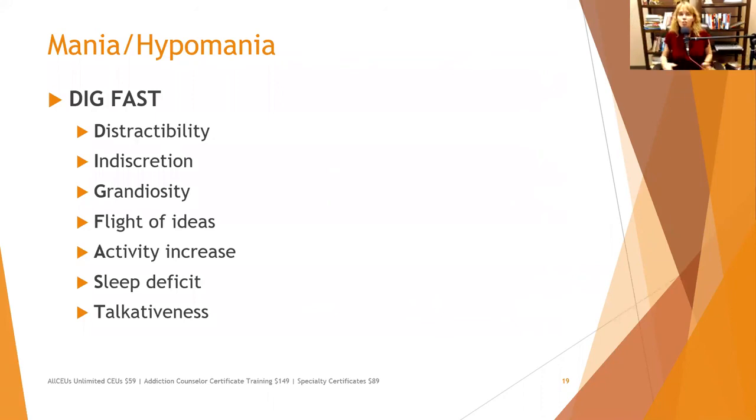So you don't want to assume that somebody's going to swing like a pendulum back and forth. There are long periods of remission, and somebody may only have one manic episode ever, but multiple depressive episodes. So just because they've only had one manic episode or only one depressive episode doesn't mean that it's not bipolar. So you want to really look at what's going on.